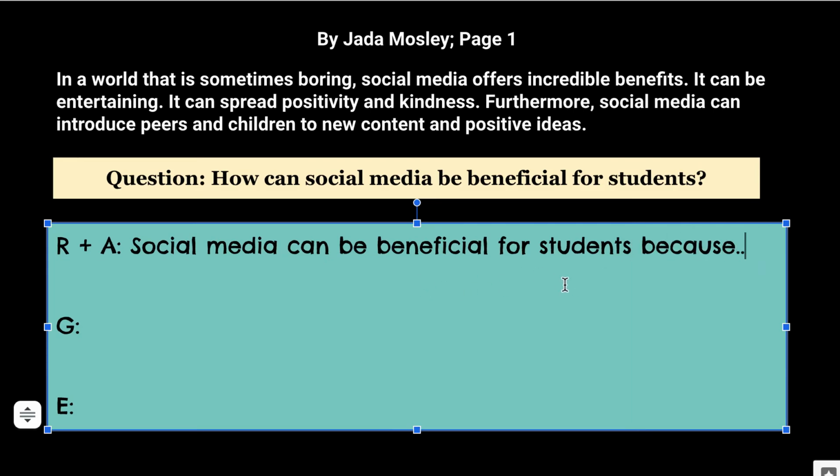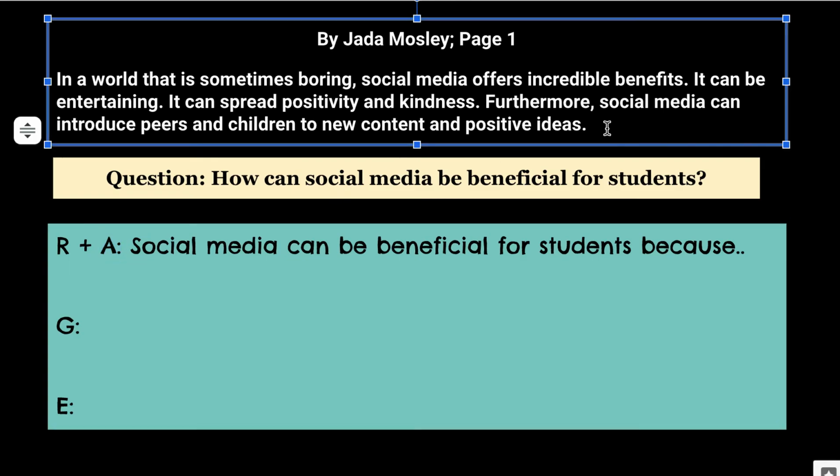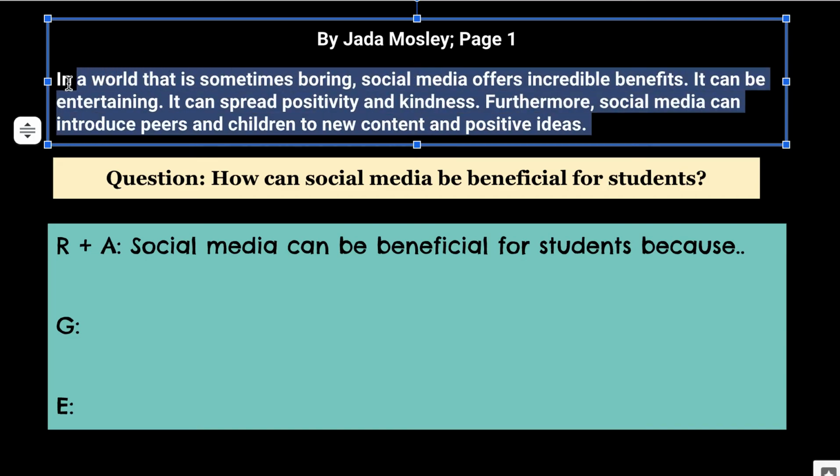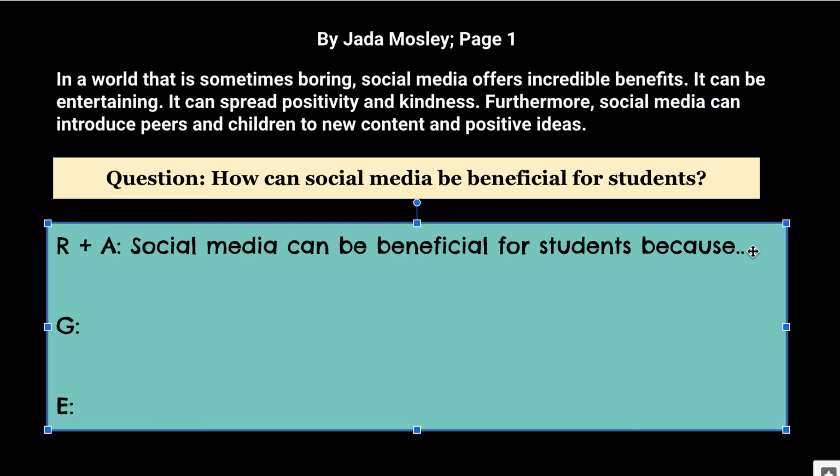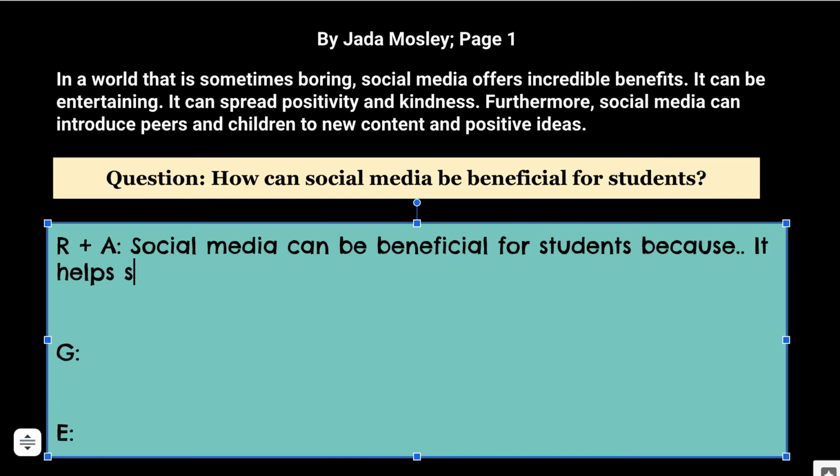So social media can be beneficial for students because, and now we have to answer it. So how can social media be beneficial for students based on this text? Right, because it helps students communicate and stay connected.